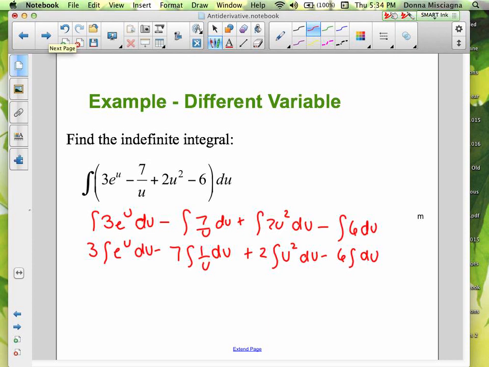Integral of e to the u is going to be e to the u. So this will be 3, our function here. And actually I can't write f of x anymore.